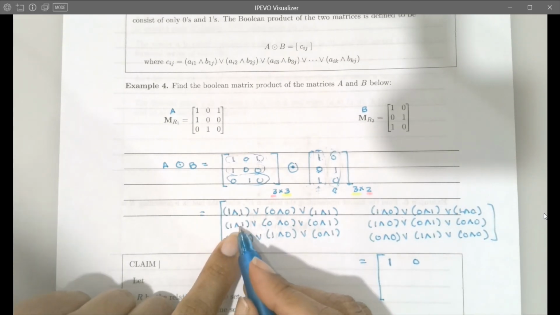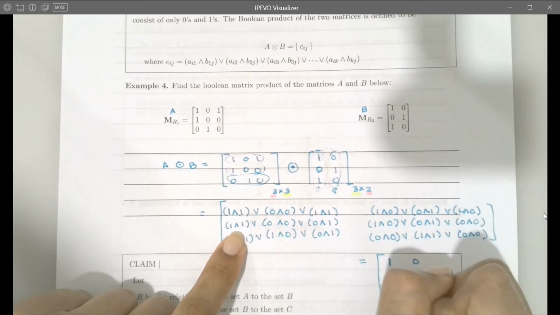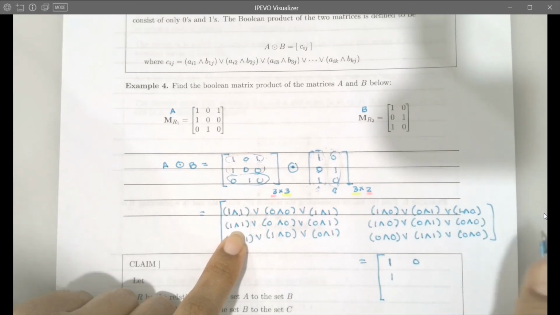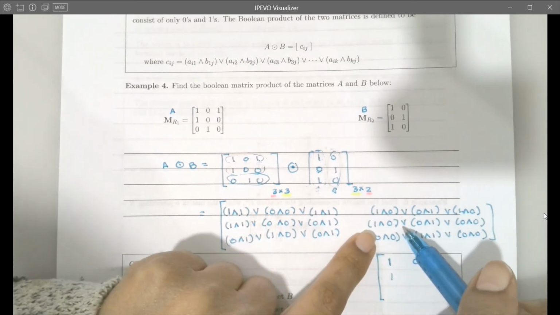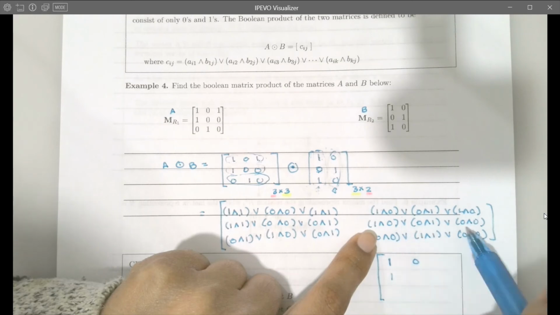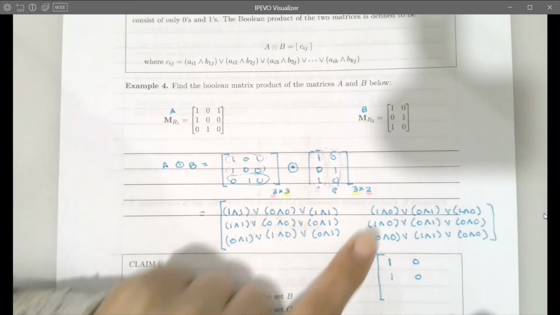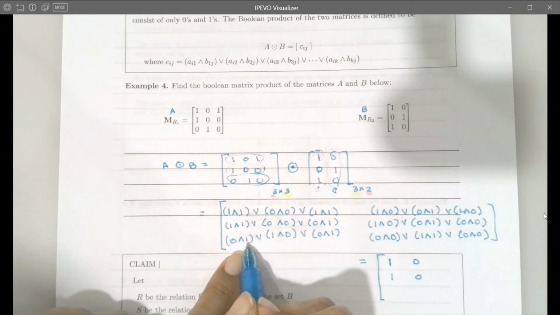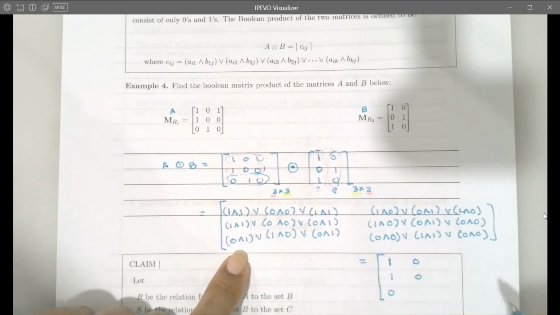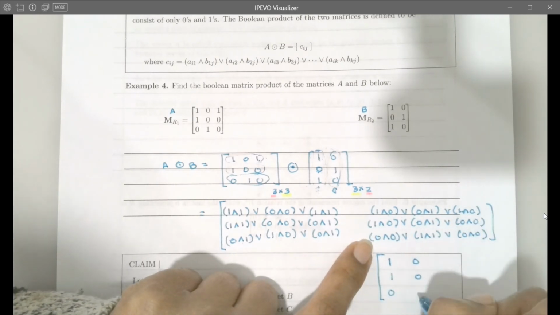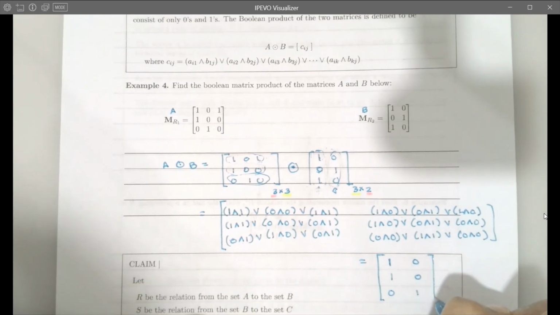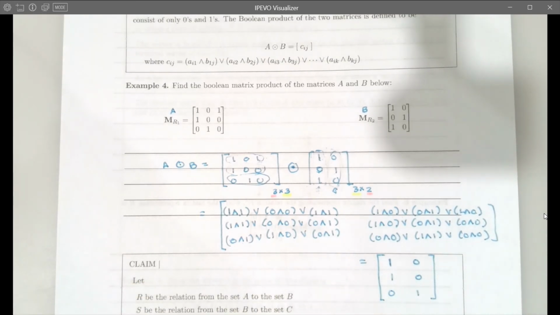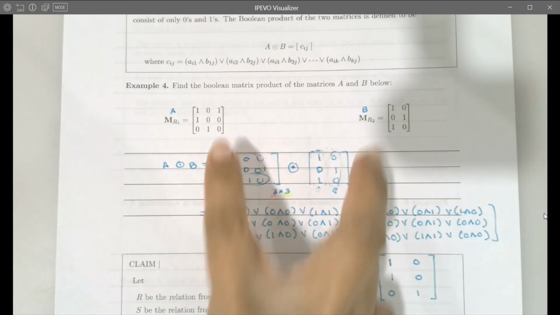In this case, we'll have a 1 here, so again, it doesn't matter what the rest is, we'll still have at least a 1. Then here, we're not going to have any 1s, so we'll have 0. Over here, there are no 1s, so that'll be a 0. And here we'll have a 1. So that is the final matrix, the Boolean matrix product for these two matrices.